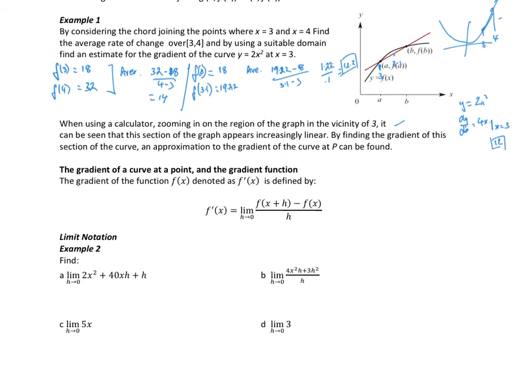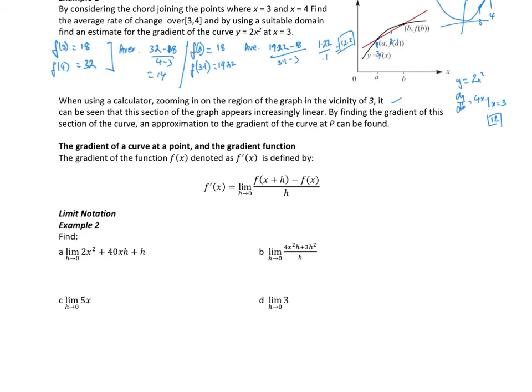All right, so the gradient of the curve at a point leads us to that first principles rule, where f dash of x is, remember, my y2 minus y1 over x2 minus x1, which is why f dash of x is the gradient. And the limit as h approaches 0 just means, like we did up the top there, the difference between 3 and 4 was a unit of 1, which wasn't a very good approximation.